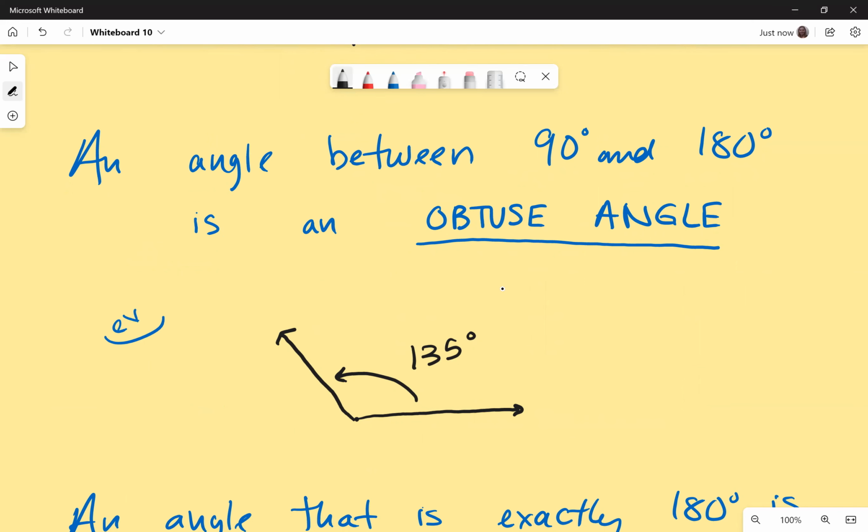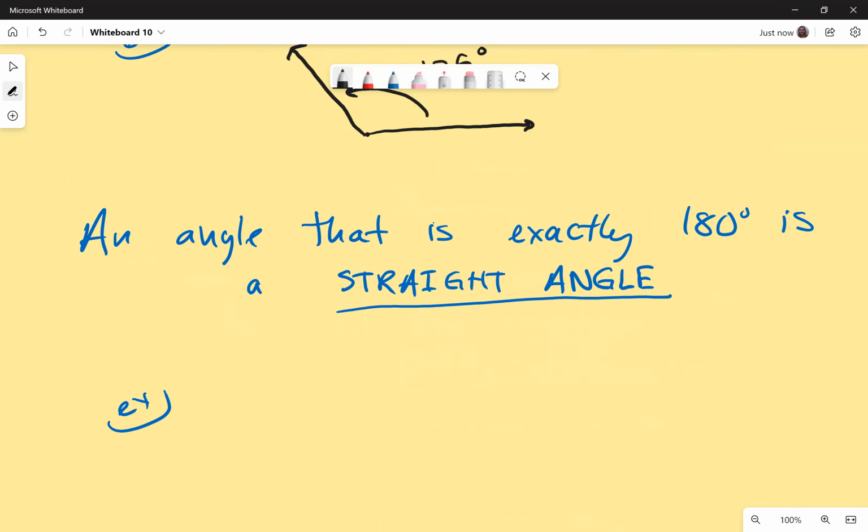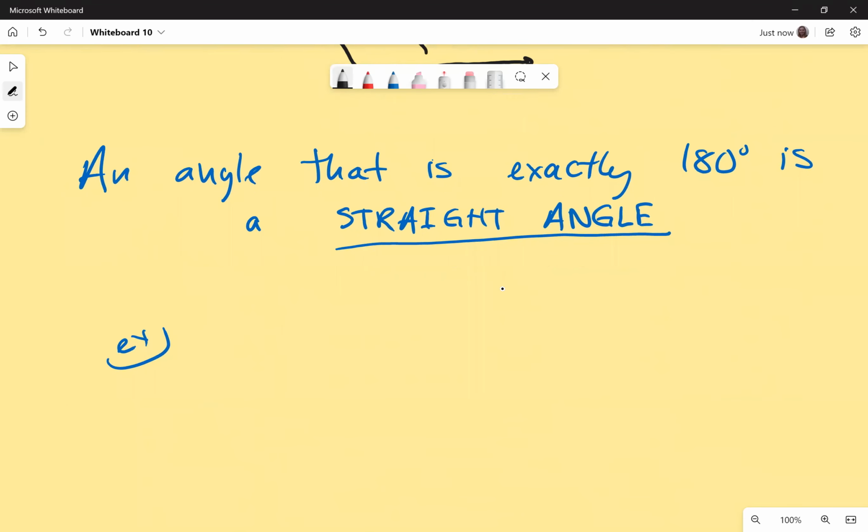And last but not least, an angle that is exactly 180 degrees is a straight angle. Kind of the same thing as a straight line, but starting with our one ray going in that direction and coming all the way over going in that direction, 180 degrees, just like that.